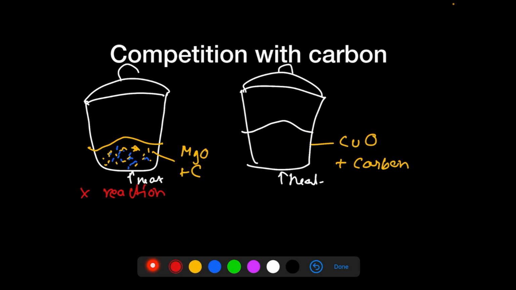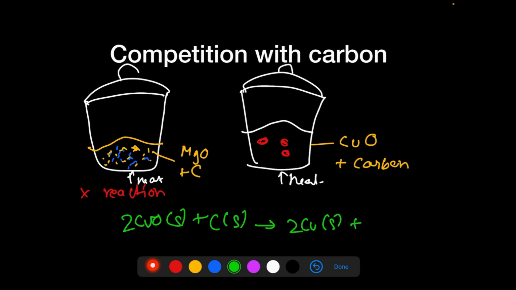So as you can see over here, beads of molten copper will be formed, as copper is less reactive than carbon, so it has been displaced. So the overall reaction here is 2CuO(s) plus C(s) gives us 2Cu(s) plus CO2 gas. So as you can see, copper has been displaced by carbon in the second crucible.